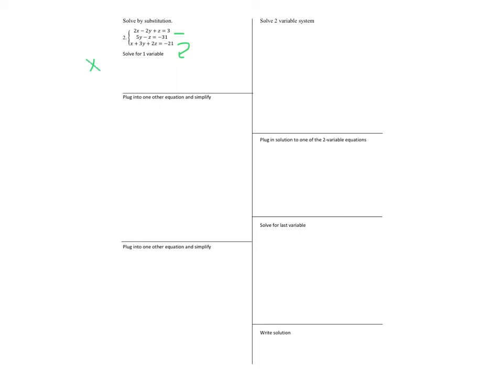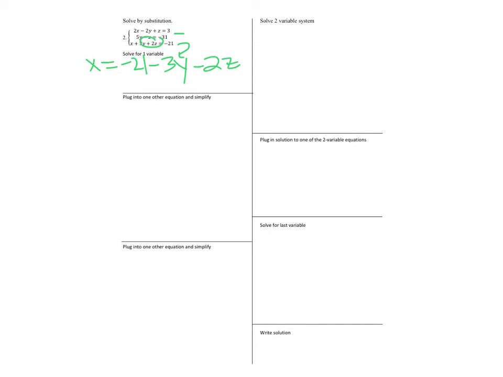So I'm going to get x equals, I'm solving for x, solving for one variable. My negative 21 is already there, but I have minus 3y minus 2z because I'm subtracting these two guys over to the other side so that my x is isolated, okay? Now, it says to plug into another equation and then simplify.